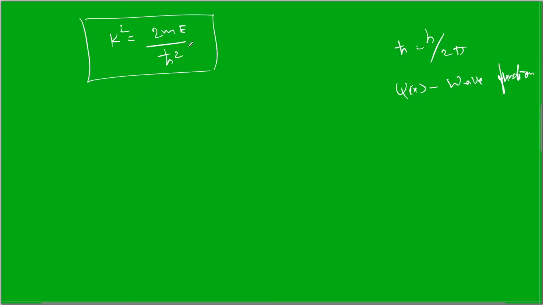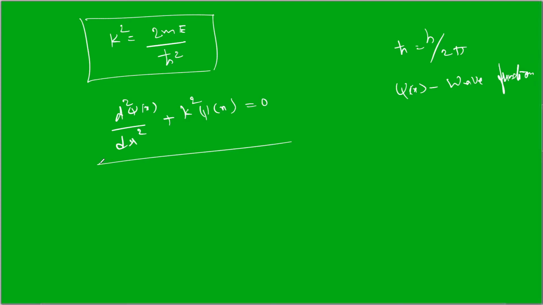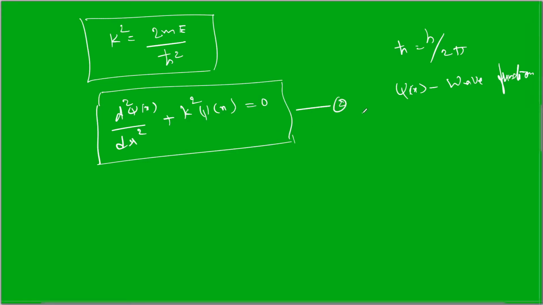Using k square, one can write equation 1 as d square psi of x upon dx square plus k square psi of x is equal to 0. And this is a standard differential equation, and we know how to write the solutions for this differential equation. We'll call it 2.